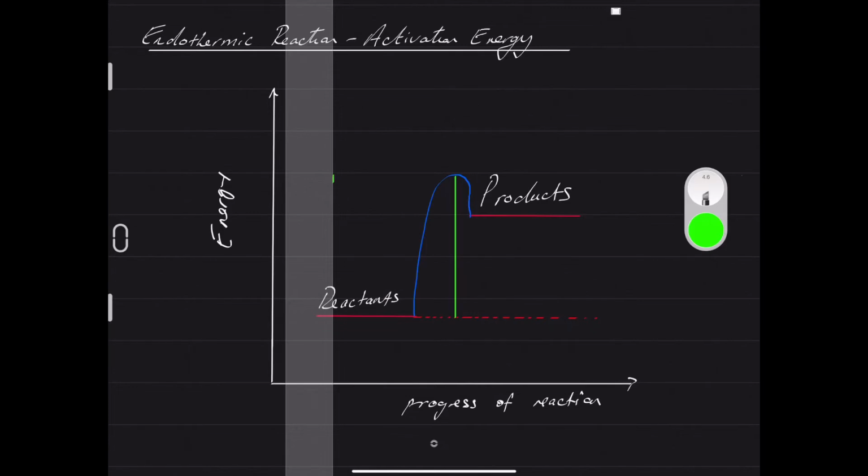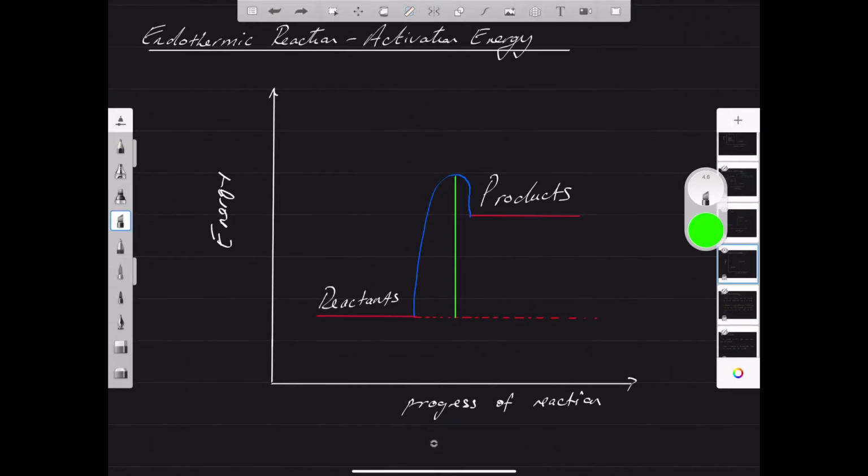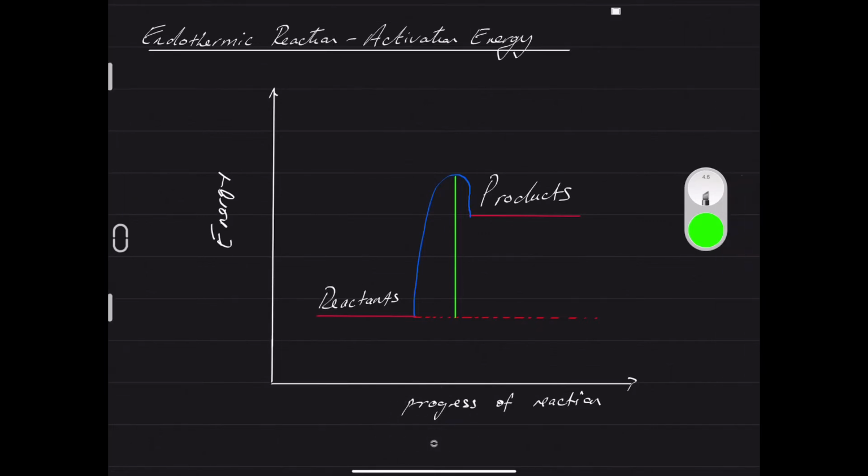Now, by extending the line on the reactants, it just makes it easier to identify the baseline of the reactants to the top part of the curve. And from the reactants to the top part of the curve, that is the activation energy level.